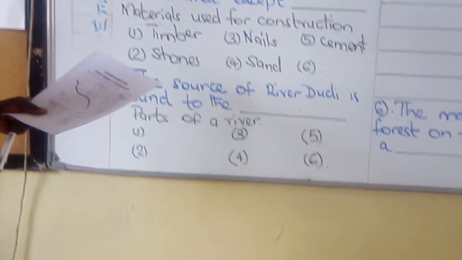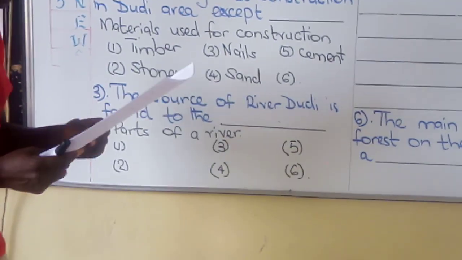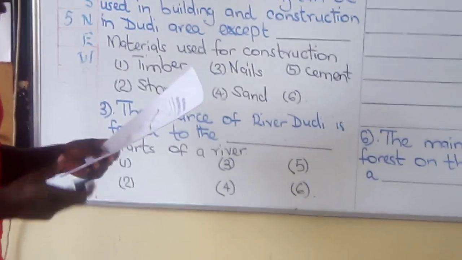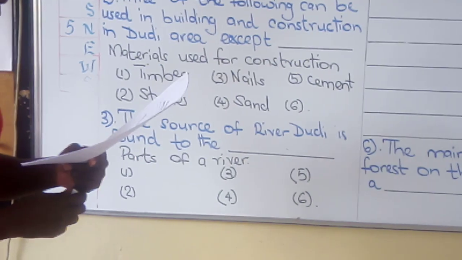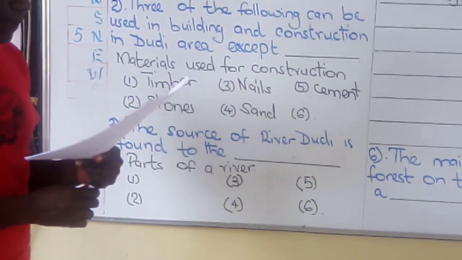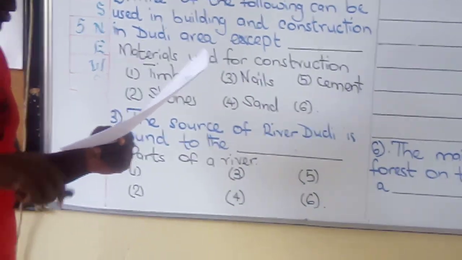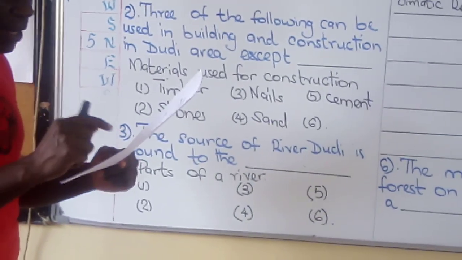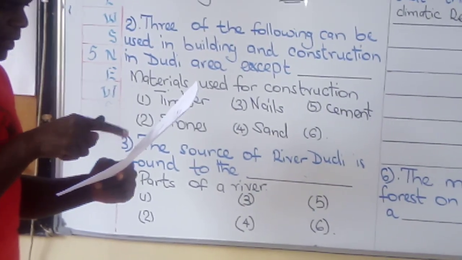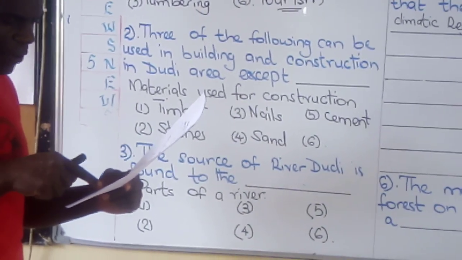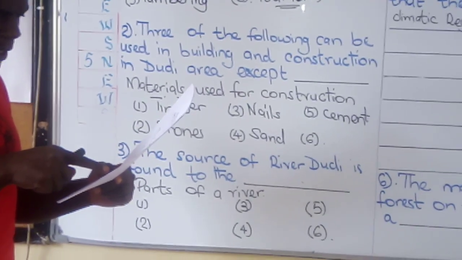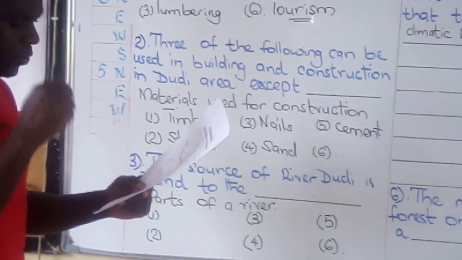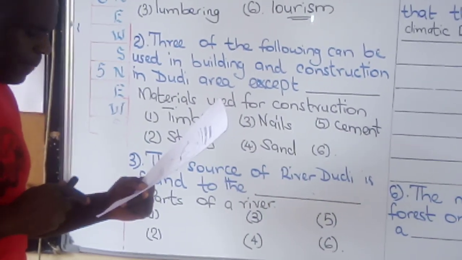But in this area, choice A, bricks, reeds, you've got stones, and you've got timber. When you talk about bricks, that means we must have the soil for making the bricks. And we have the quarry in that area. Quarry is not for bricks, it's for stones. So stones can be used in that area.